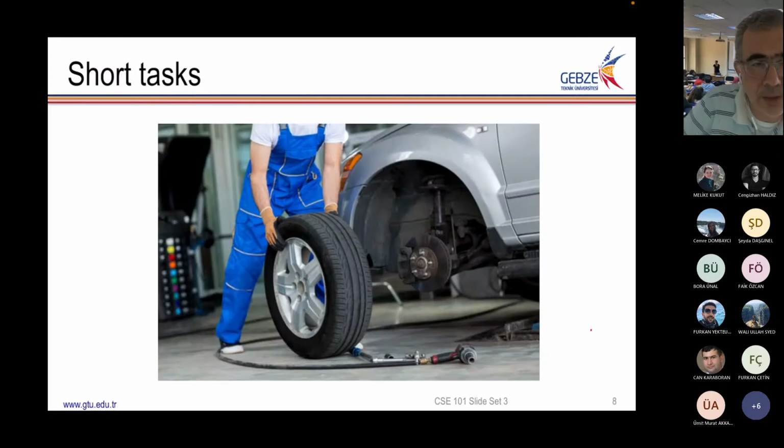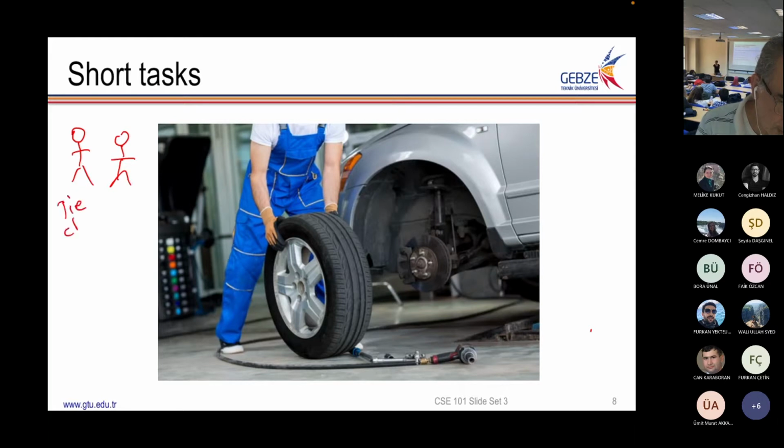Again, when we are doing scheduling, we have different types of tasks. Some of the tasks are short, some of the tasks are long. So we need to consider the fact that when two customers arrive, meaning two users, one is a tire change, the other one is an engine fix.